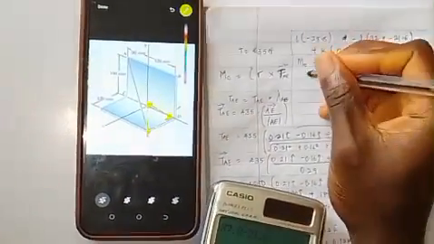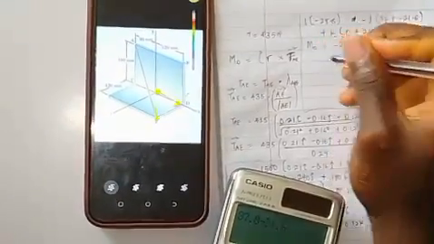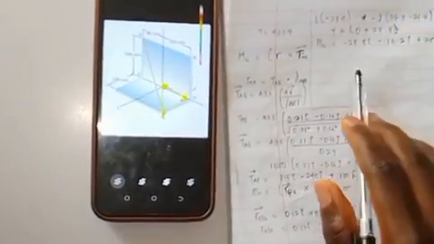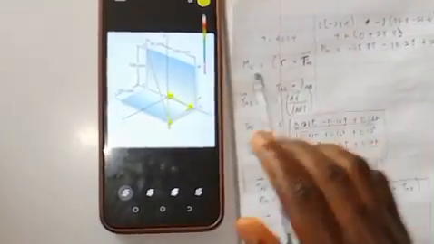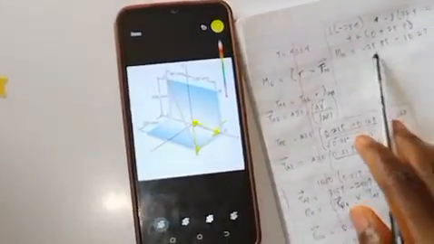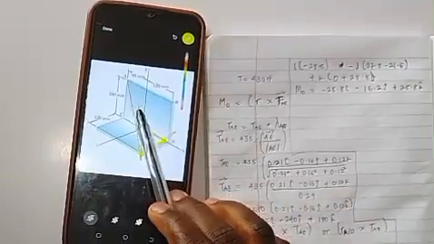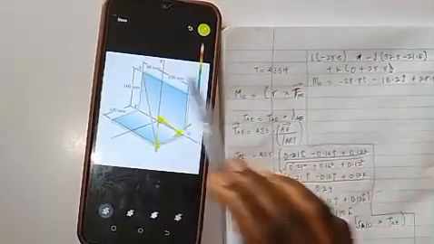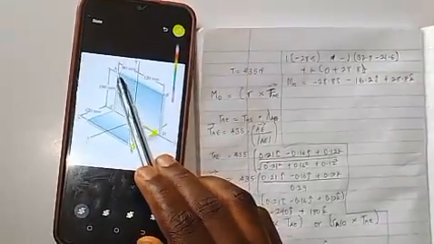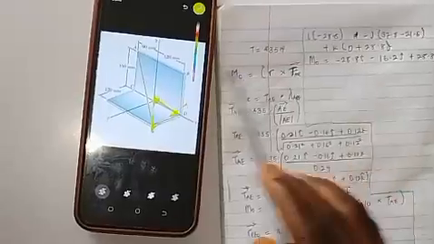So our moment MO on corner E will be this. Are we good? So if you want to calculate the moment on corner A for this particular question, the minus of this particular answer will be the moment on this corner A. Are we good? If you multiply this by minus, we get the moment on this corner A.